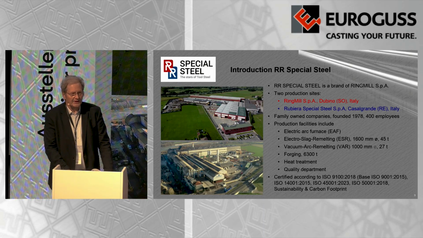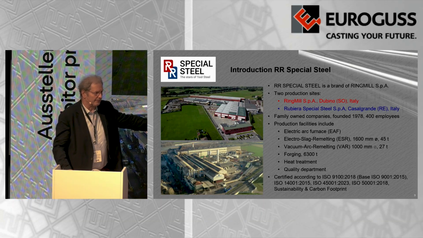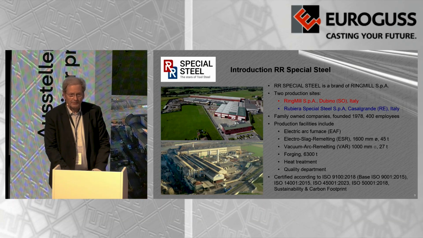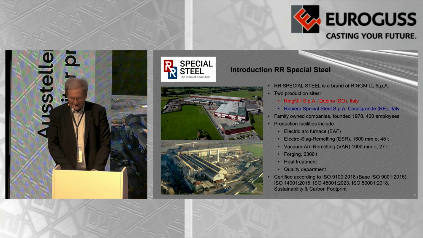All companies are certified according to the standards which you see on the bottom line. They all manage their own sustainability and carbon footprint, and also publish a sustainability report every year. And so these companies are ready for the so-called green steel.